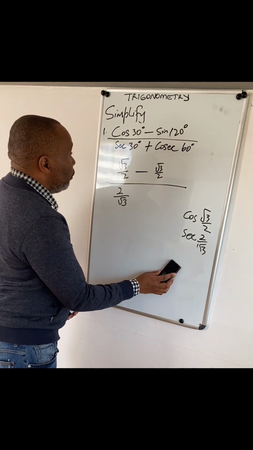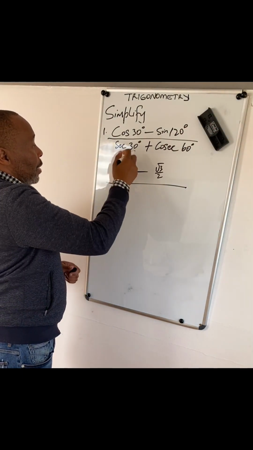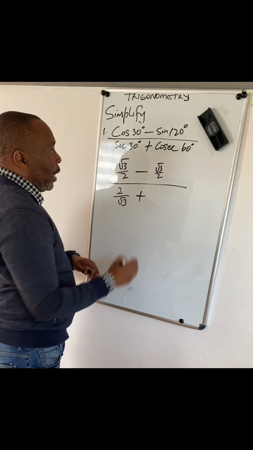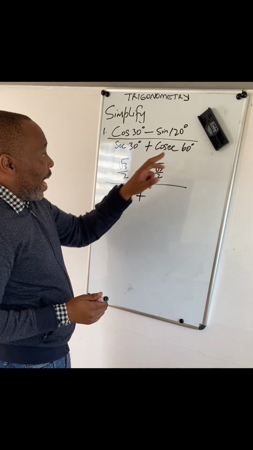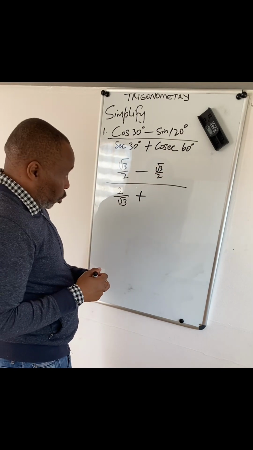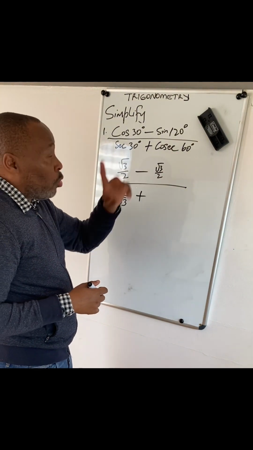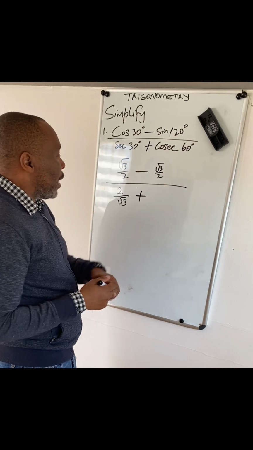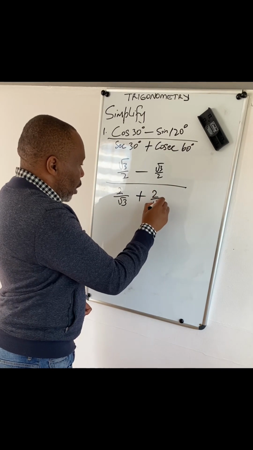So sec 30 degrees is in the first quadrant, where all ratios are positive. And then we come here, cosec 60 degrees. Cosec is the inverse of sine at 60 degrees. Sine is root 3 over 2, just like here, but because it's cosec, it will be the inverse of root 3 over 2, which is 2 over root 3.